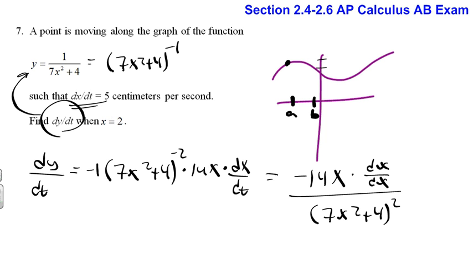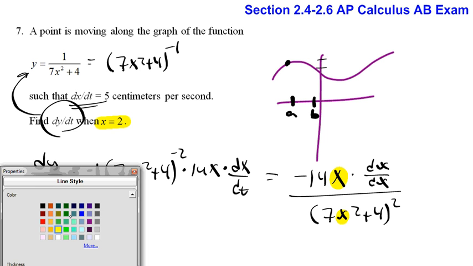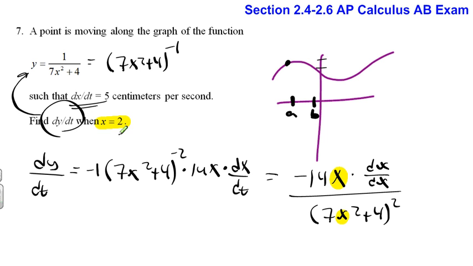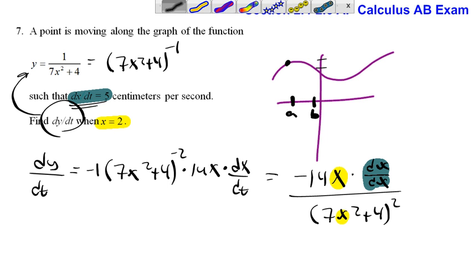I can substitute x equals 2 right here and right here. And I can also substitute dx/dt equals 5 right there. If I do all that substituting, it's going to give me my dy/dt.